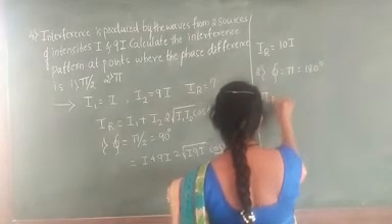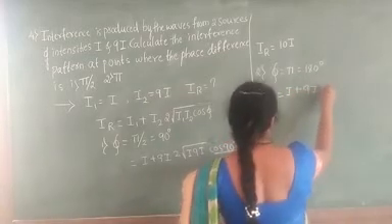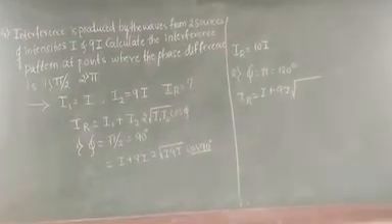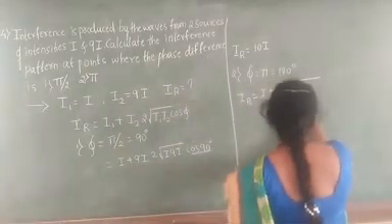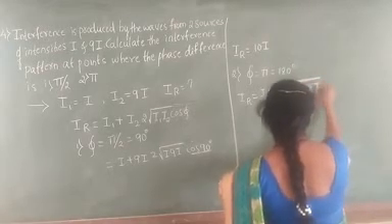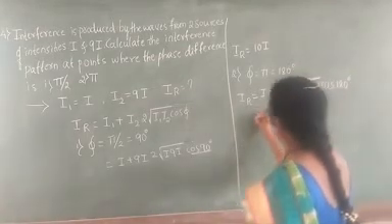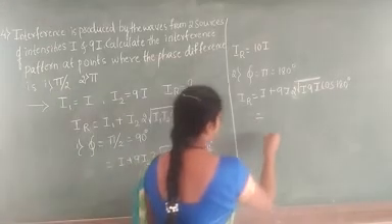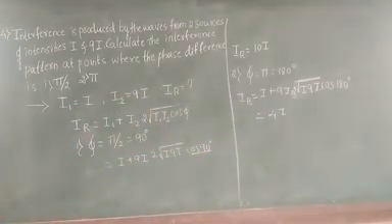IR is equal to I plus 9I plus 2 into root of I into 9I into cos 180 degree. Now the calculation part of IR, we get the answer as 4I. Total value of IR is equal to 4I.